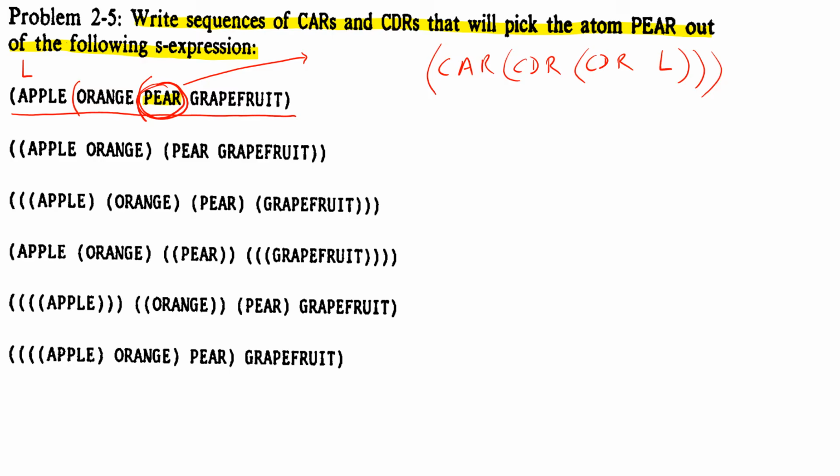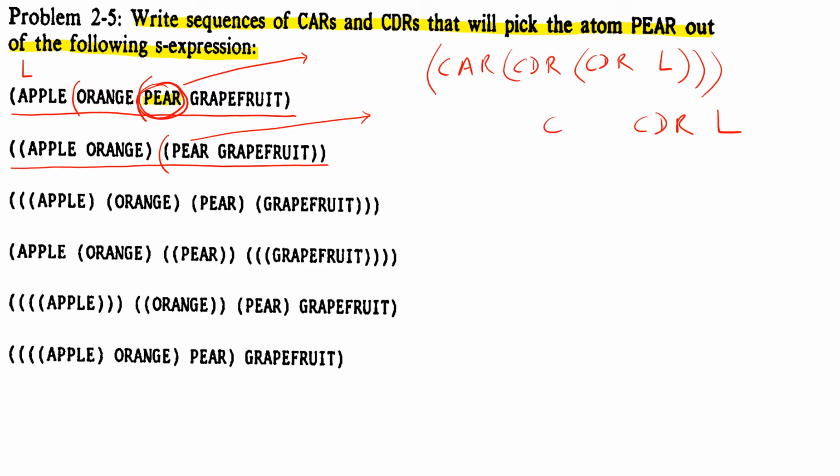Similarly, in the next list, we wish to extract pear, right? Now, if you look at this list, it contains two elements. The first element is a list which contains apple, orange. The second is a list containing pear and grapefruit. We wish to extract the pear. So, given that list L, if we take a CDR, we will get a list which contains a list, pear grapefruit.